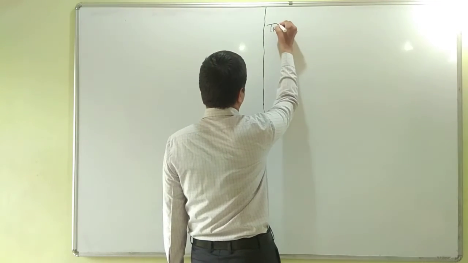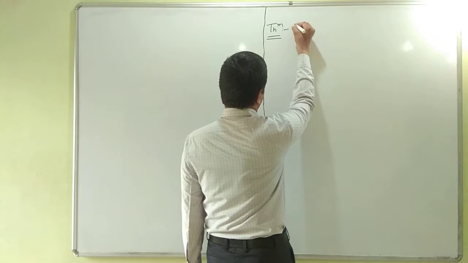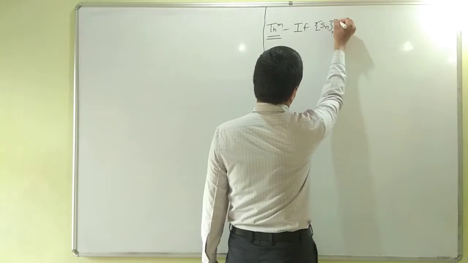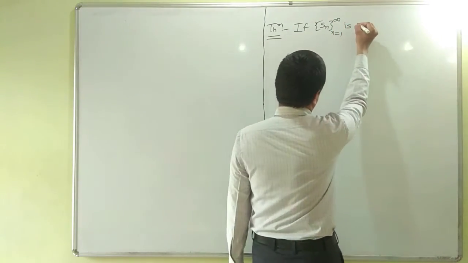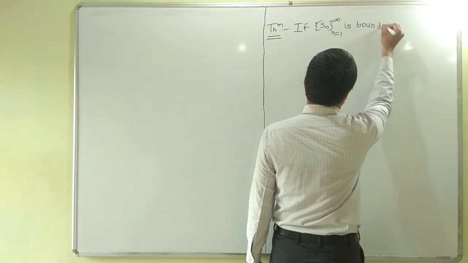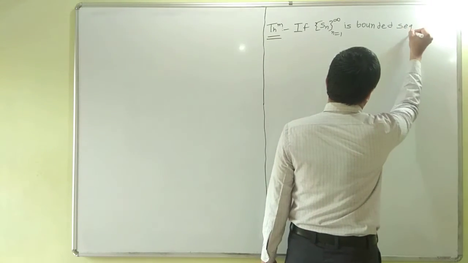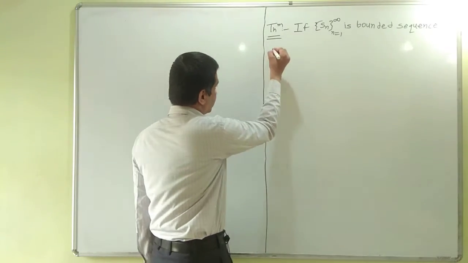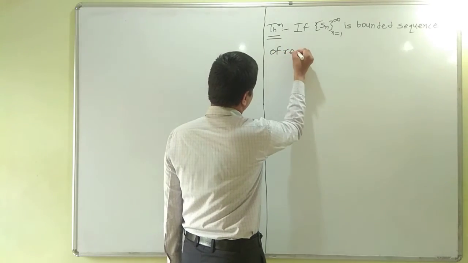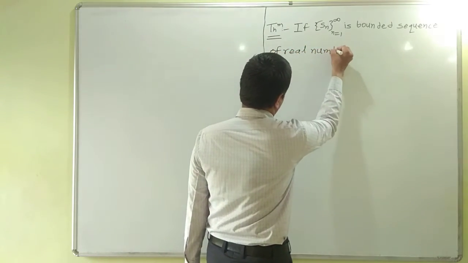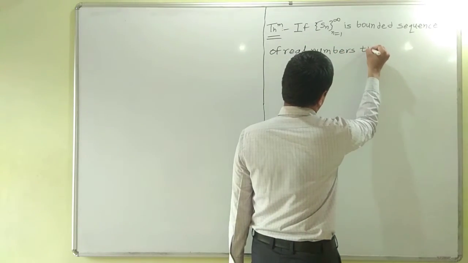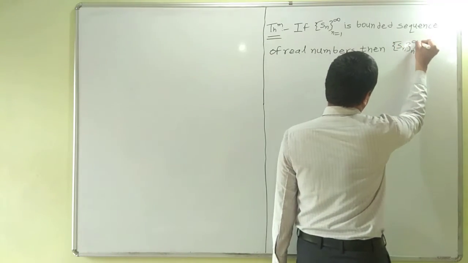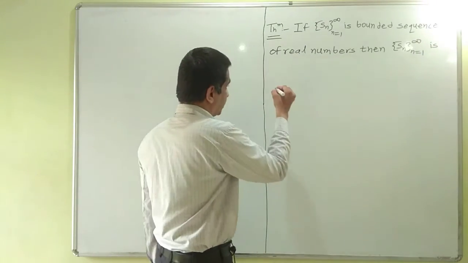Theorem: if (Sn), n equal to 1 to infinity, is a convergent sequence of real numbers, then (Sn), n equal to 1 to infinity, is bounded.